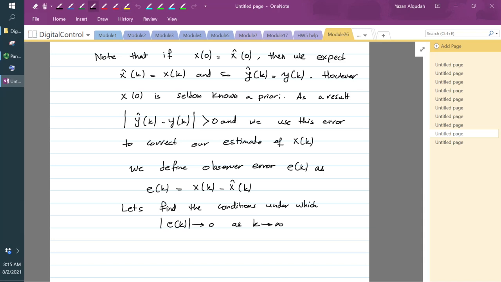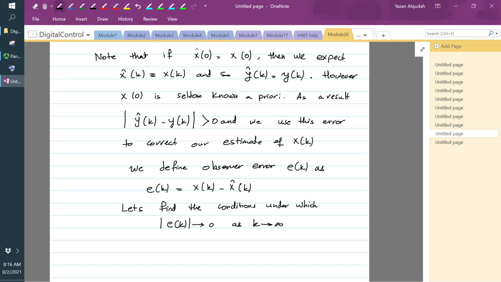Now, if x tilde of 0 is equal to x of 0, then we expect that x tilde of k is going to equal x of k, because both systems are going to be exactly similar.